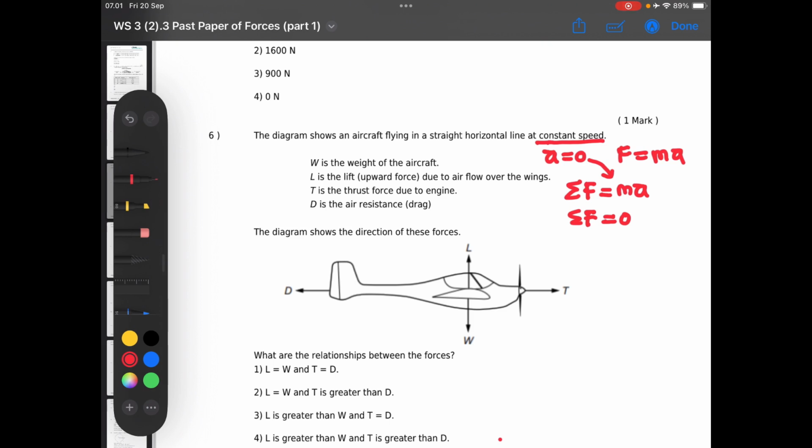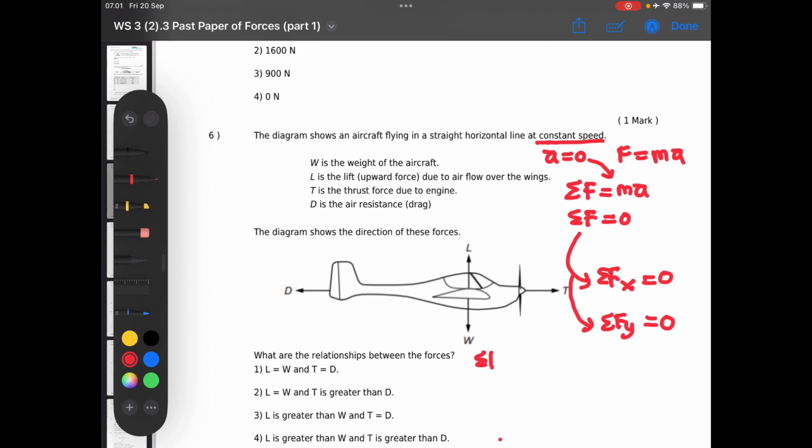In the vertical direction, we have L and W. L is upward, so positive, and W is downward, so negative. You can write the resultant force in the x direction and in the y direction. Both of them will be 0 because the resultant force is 0.